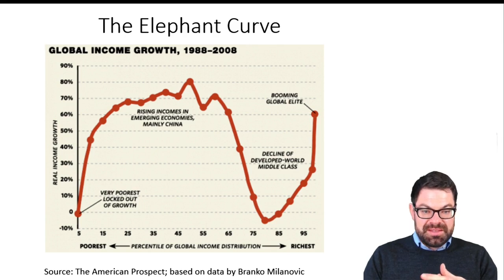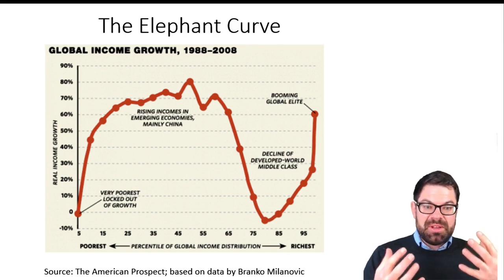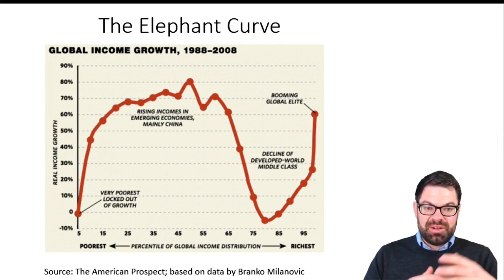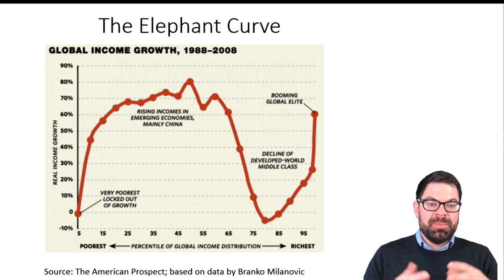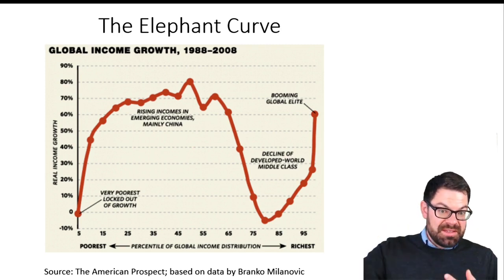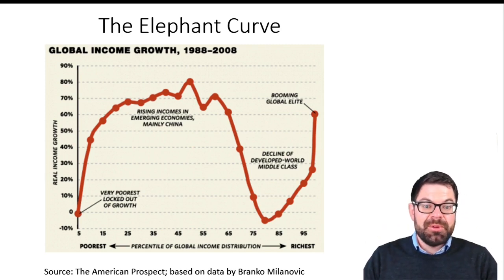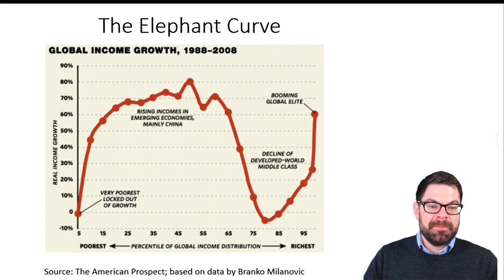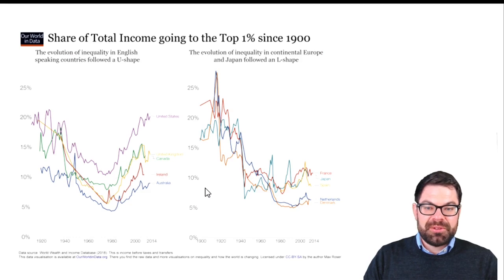And so this seems to have something to do with this economic development, that there are a lot of people who haven't experienced any economic progress, whereas there are others that actually have experienced a lot of economic progress. And all that is very neatly summarized with the elephant curve.